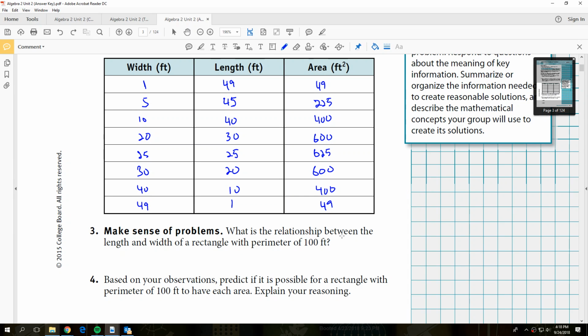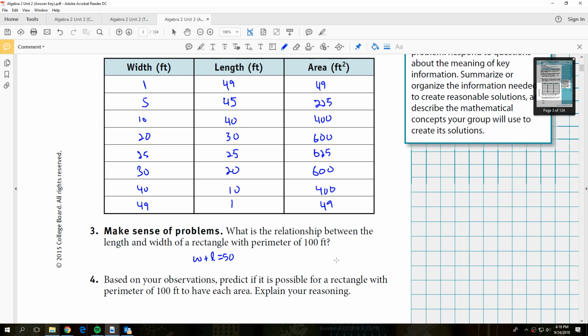So what is the relationship between the length and width of the rectangle with perimeter 100 feet? Well, I'm sure you notice this pattern really quickly: the width plus the length must equal 50. So W plus L is equal to 50. And where did that come from, by the way?